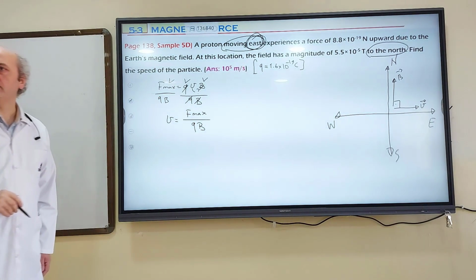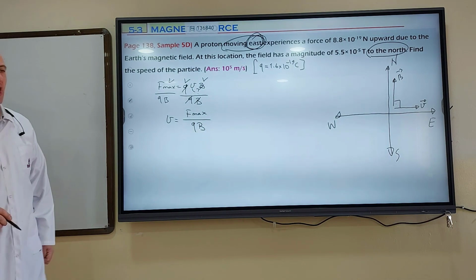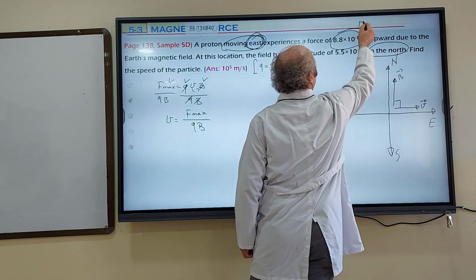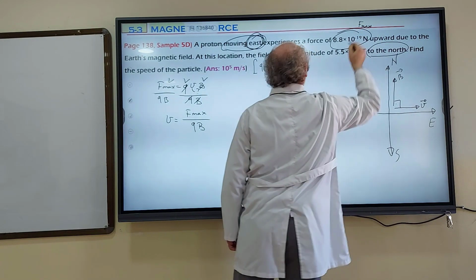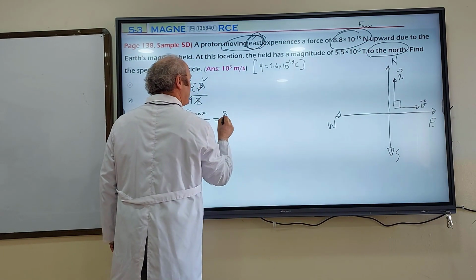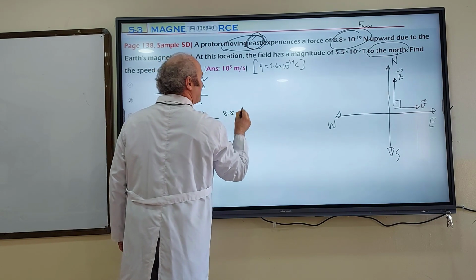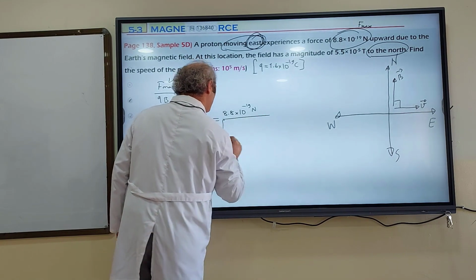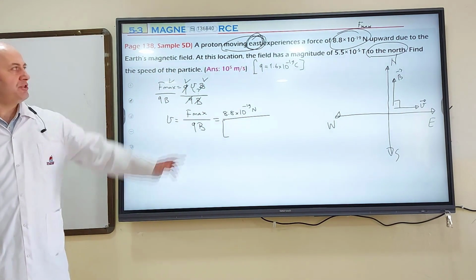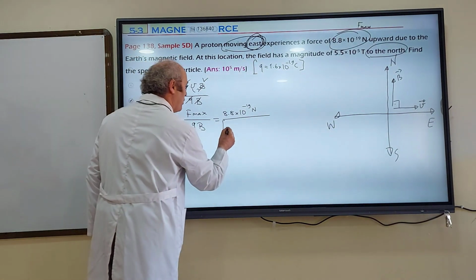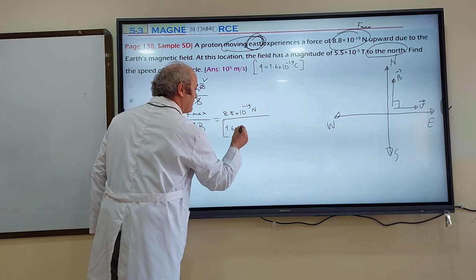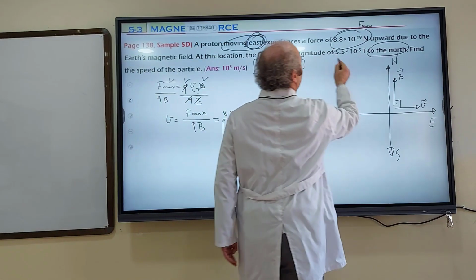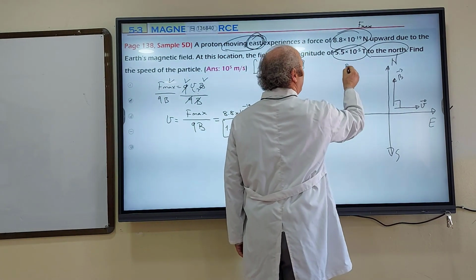And what is the maximum magnetic force acting on the charge? 8.8 times 10 to the power of negative 19 Newton. So this is the maximum force. Let's insert into the equation. 8.8 times 10 to the power of negative 19 Newton divided by the charge of the proton. How much? It's given, 1.6 times 10 to the power of negative 19, multiplied by the magnetic field at that location, given as 5.5 times 10 to the power negative 5 Tesla.